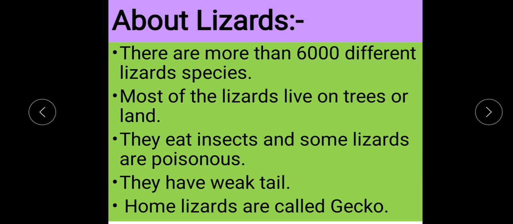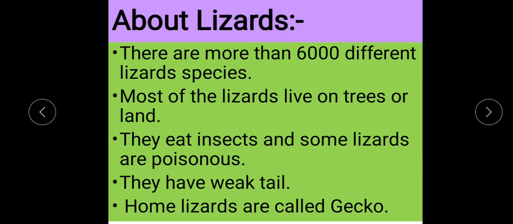If the tail is broken off, lizards are able to grow their tails back. Like whenever we trim our nails, after a few days, like 2, 3, 4, or after 7 days, they grow long, they grow back, right? In that same way, if the tail of a lizard is broken off, they are able to grow their tails back.